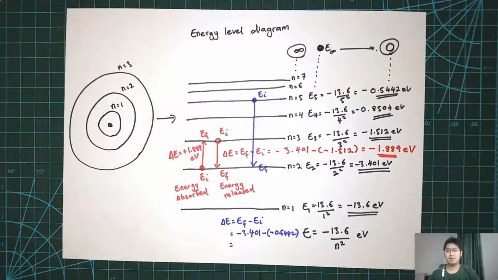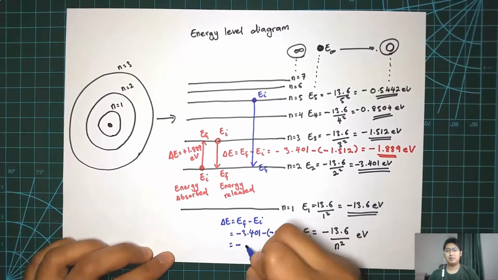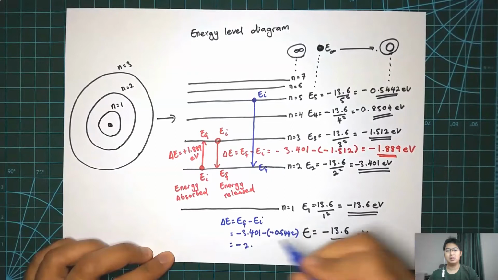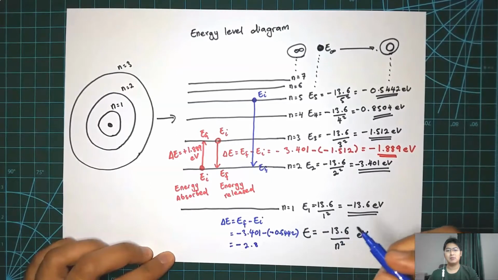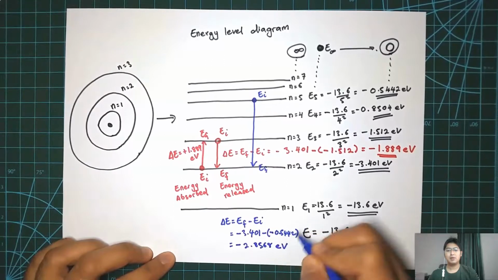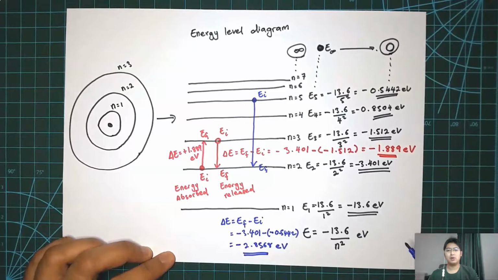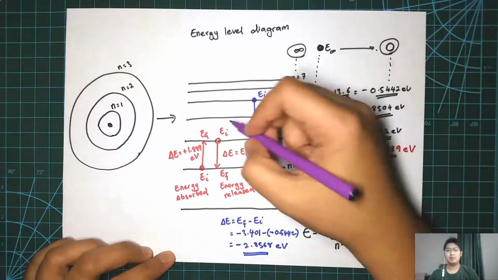I expect the sign is negative because the energy drops from energy level 5 to energy level 2. So here we go. The change of energy is negative 2.8568 electron volt, meaning that the light is emitted from the atom.